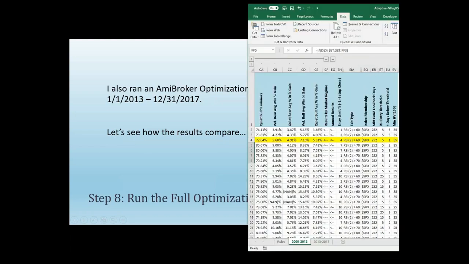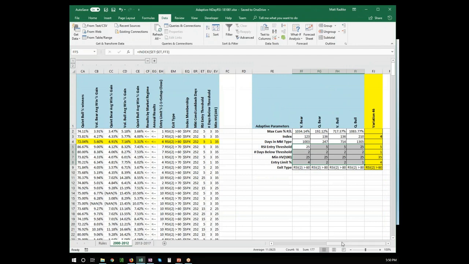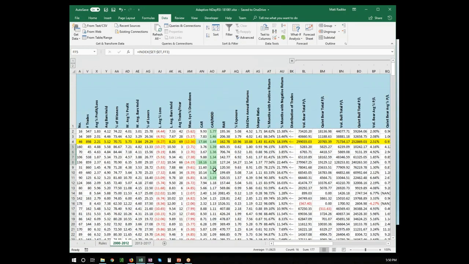So back to our spreadsheet. Here's our 2000 through 2012 results. Recall that variation 46 was the one that we picked because it had a top 10 CAR and it also had a top 10 CAR over MDD. And we said that that was our primary criteria for finding a variation to trade.